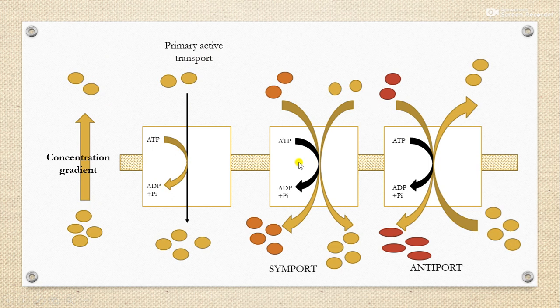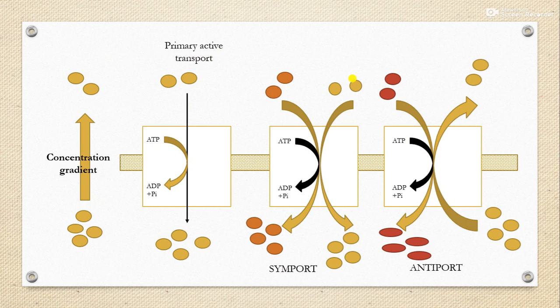The next section of the figure tells you about secondary active transport, in which you have two types, symport and antiport.